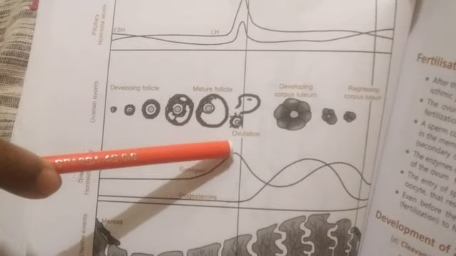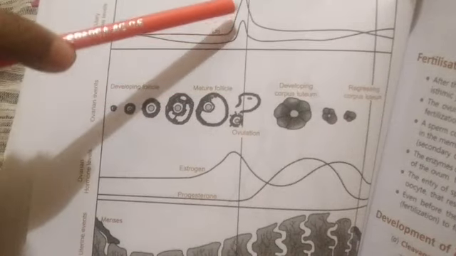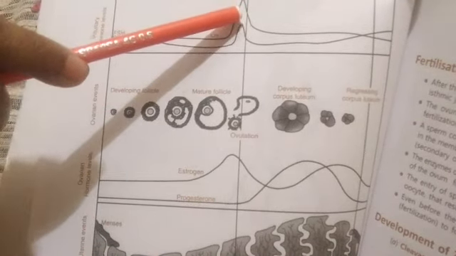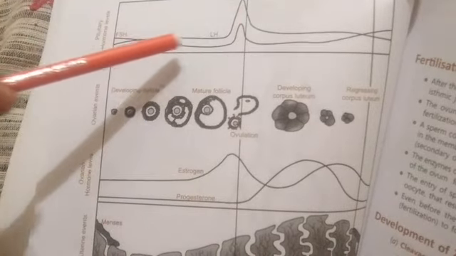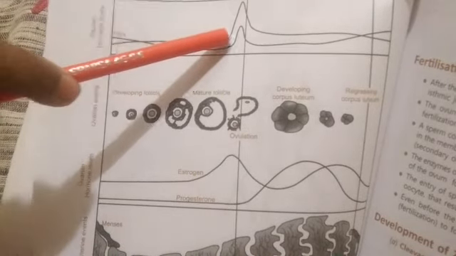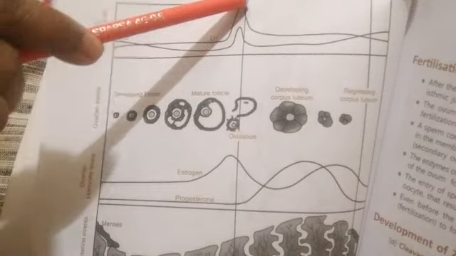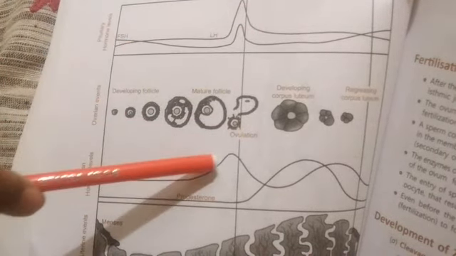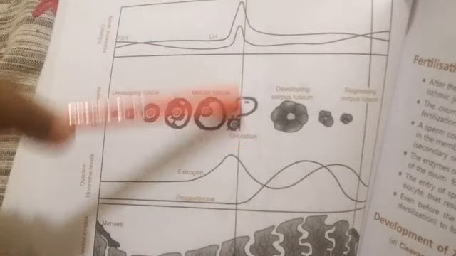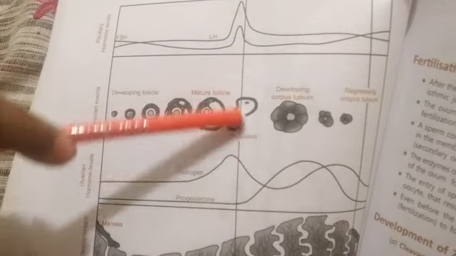On the day of ovulation there is an increase in the FSH also, and a huge increase in the LH, luteinizing hormone, and there is an increase in the estrogen. So three hormones are at their peak on the day of ovulation, that is the 14th day.